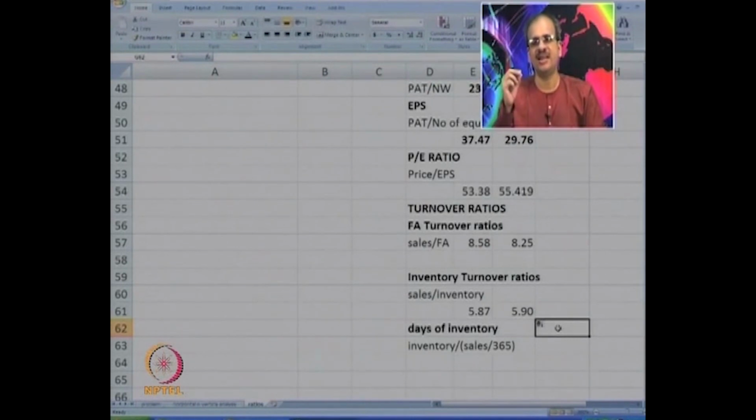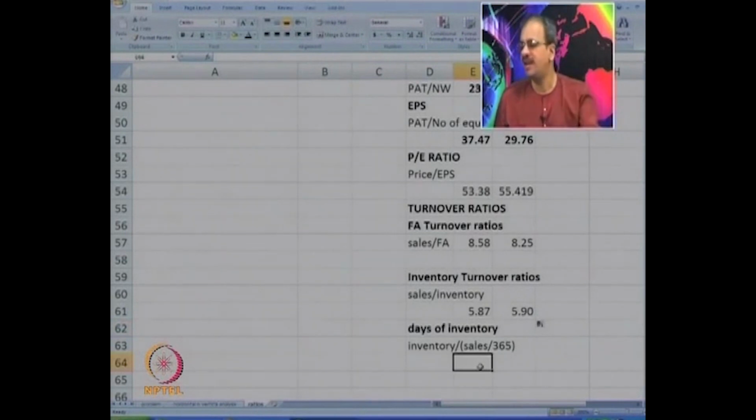It shows that there is an improvement in the utilization of inventories. This can be better understood if we convert it in terms of number of days, for which we divide inventory by daily sales or sales upon 365.